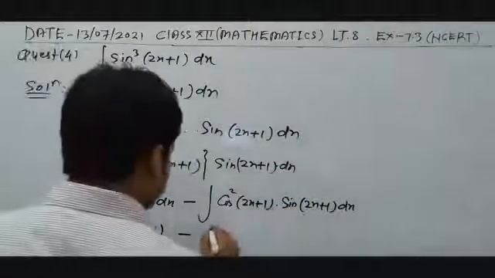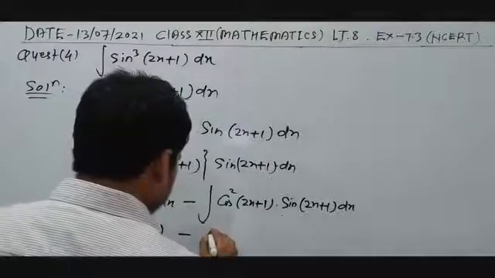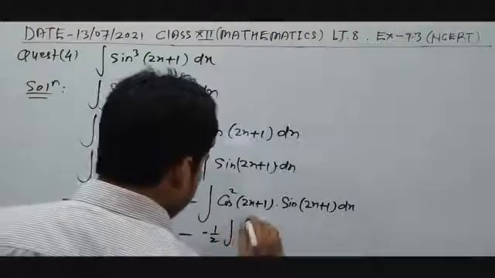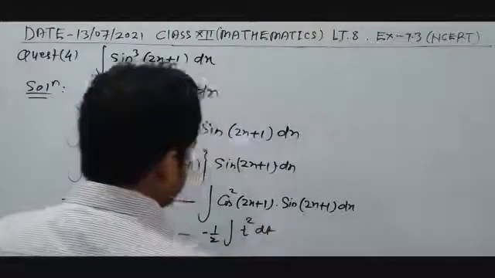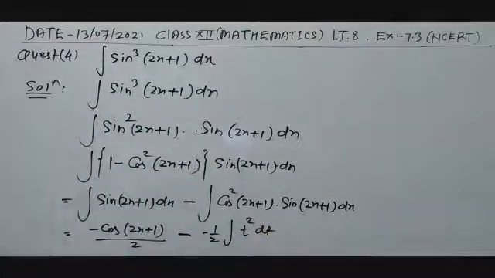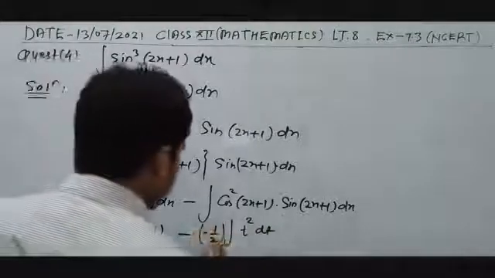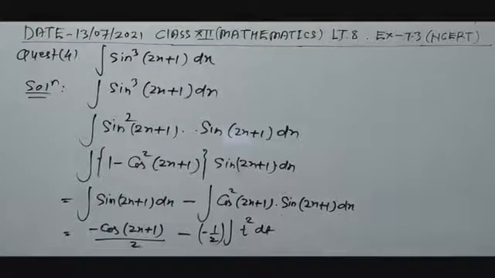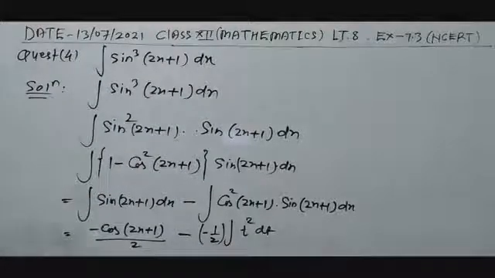Its result will be minus 1 by 2 integration of t square dt, where t is equal to cos of 2x plus 1.